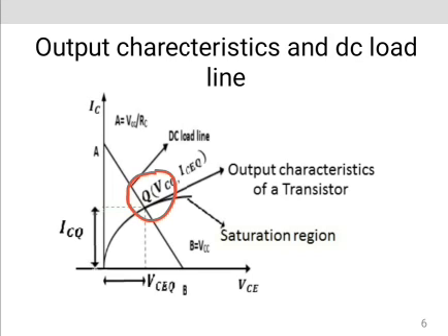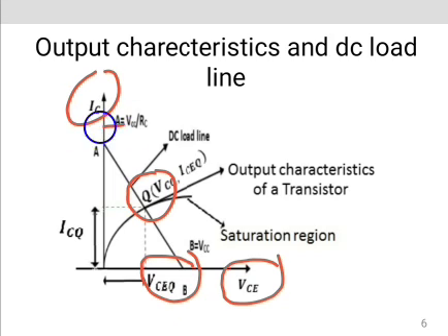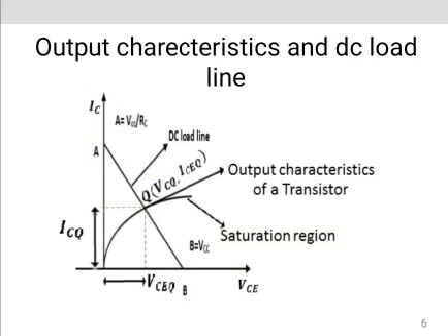The operating point will select the value of collector emitter voltage VCE and the collector current IC for proper bias of a transistor.